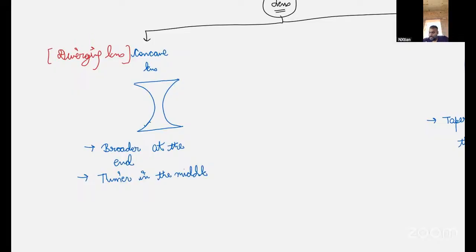Concave lens equals diverging lens. Then next line, convex mirror, diverging mirror.